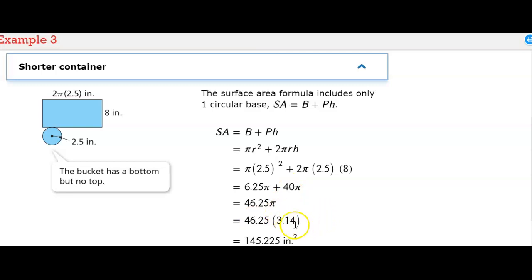this time they have translated that pi to 3.14, so you multiply that and get 145.225 inches squared as the shorter container's surface area.